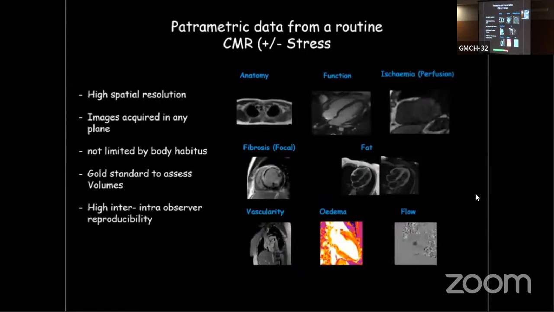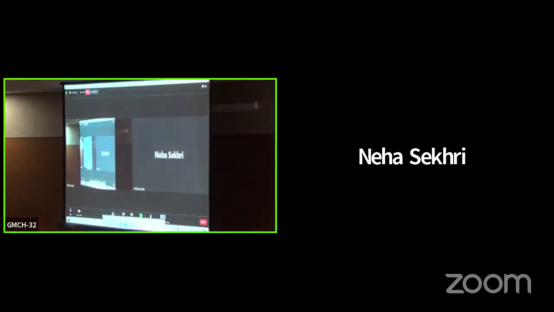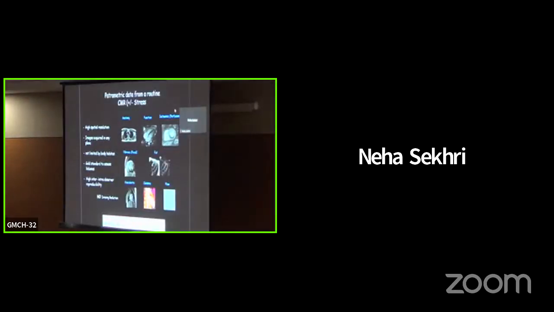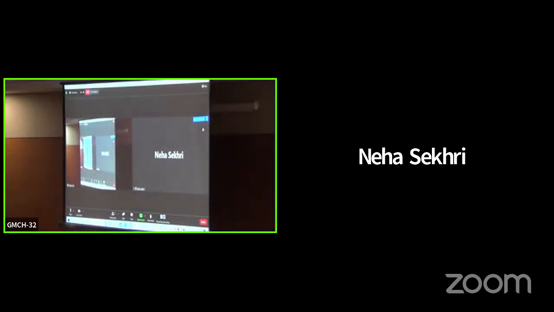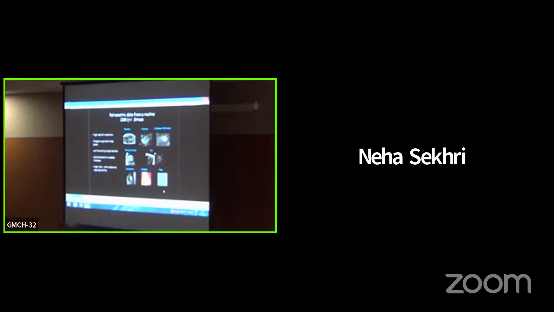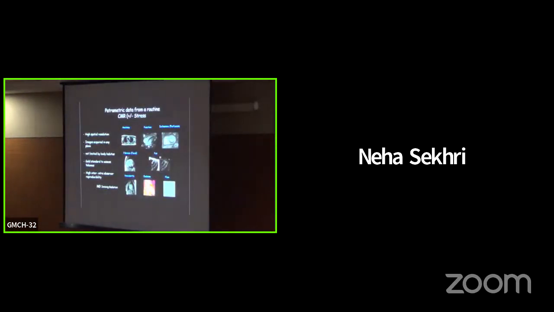In addition, a stress study can provide information on myocardial perfusion, and all of this without exposure to ionizing radiation.